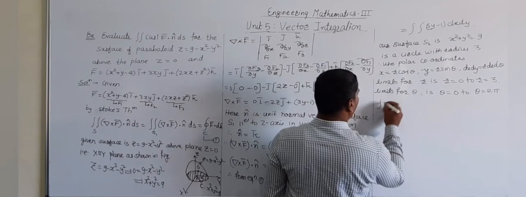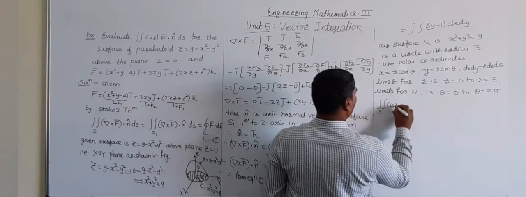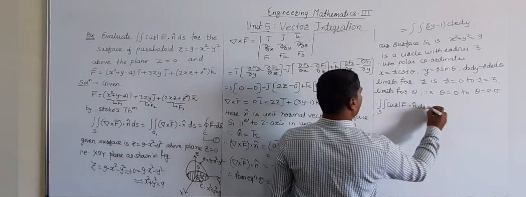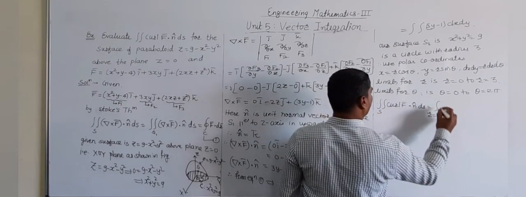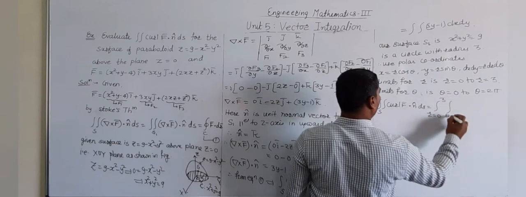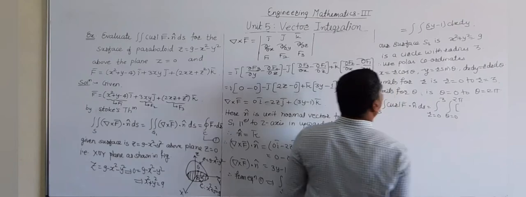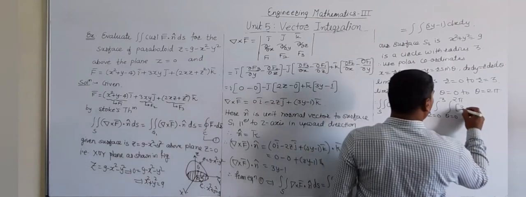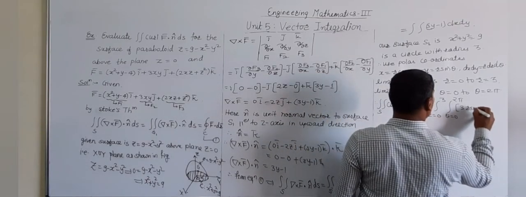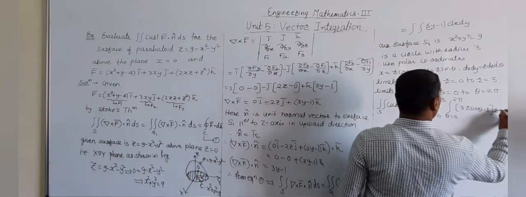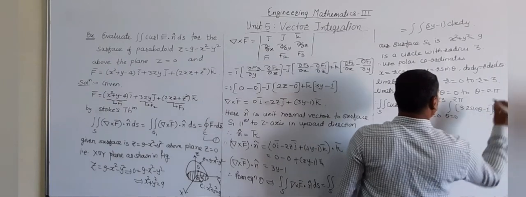And therefore, the surface integral over S of curl of f bar dot n cap ds is equal to integration r is equal to 0 to 3, integration theta is equal to 0 to 2 pi, into bracket 3y minus 1. Value of y is r sin theta, minus 1, into dx dy which becomes r dr d theta. Okay.